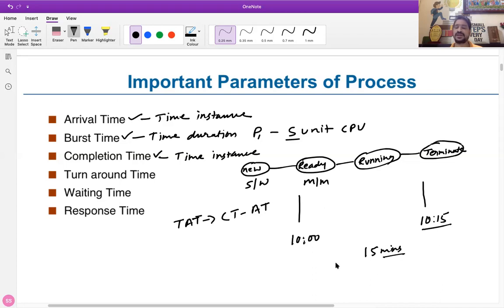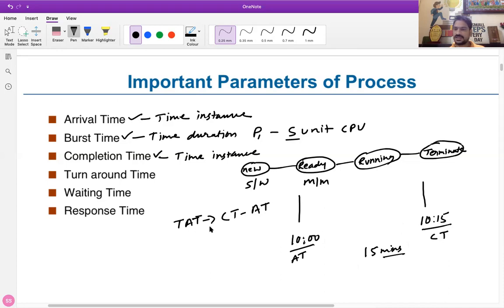This is my turnaround time. This is the completion time, and this is the arrival time, right? So turnaround time is completion time minus arrival time. 10:15 is the termination state, and 10 o'clock is the arrival state. So the turnaround time is 15 minutes.